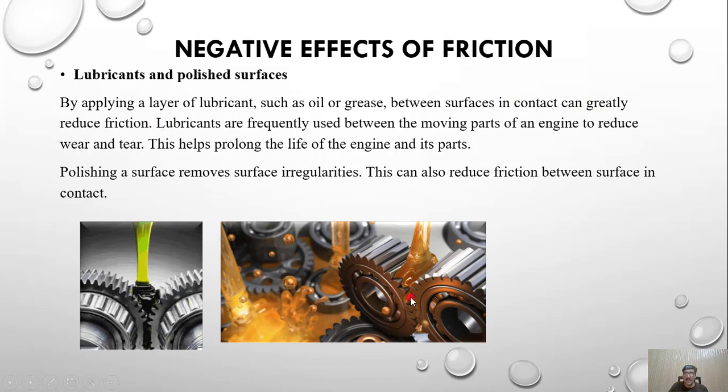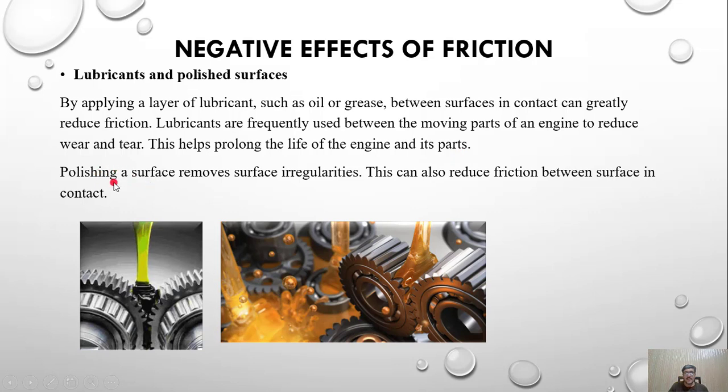If you see here, these two parts are in contact with each other, and we are applying some lubricant here so that friction can reduce. Lubricants are frequently used between the moving parts of an engine to reduce wear and tear, and due to this it helps in the good life of the engine and its parts. It prolongs the life of the engine as well as other mechanical parts.